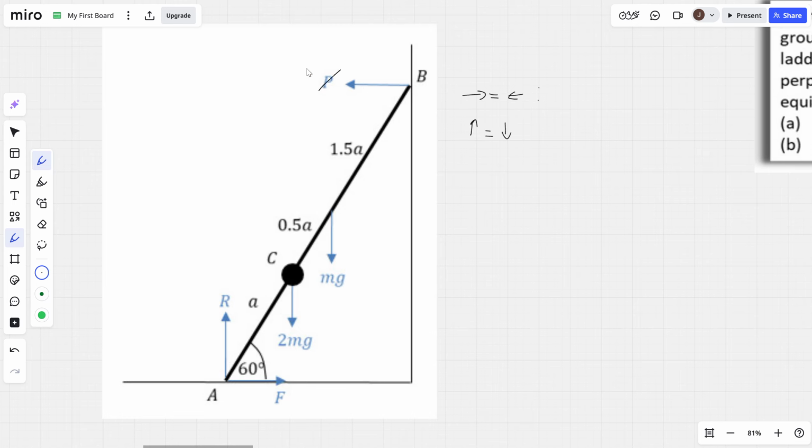I'm going to call this S again, and I'm going to call this mu R, just because of personal preference. So everything to the right is going to be mu R, and to the left is S. Everything up is going to be R, and then down is 2mg plus mg, so it's actually 3mg. Great. Looks like I've handled all those forces there.